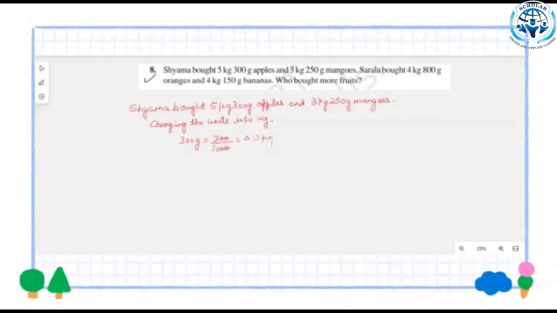Students, you have already done all type of questions. Now they are in a combined form. First you have to change the units, then add the decimal numbers.